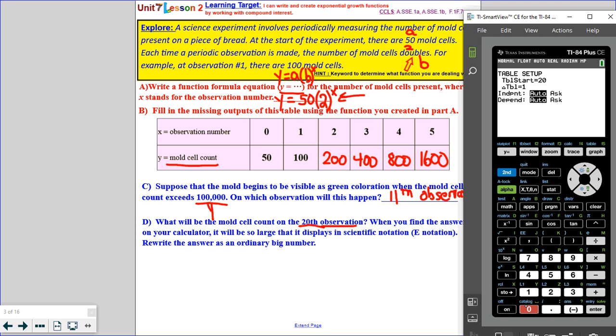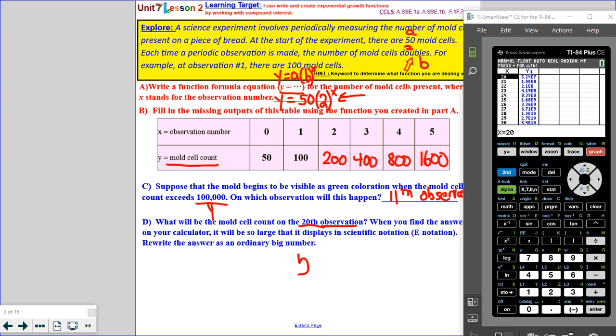And that's where the table is going to start. So second function table, and we have 5.24 times 10 to the exponent of 7.